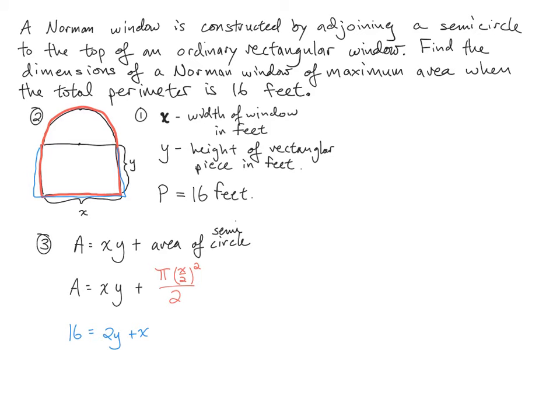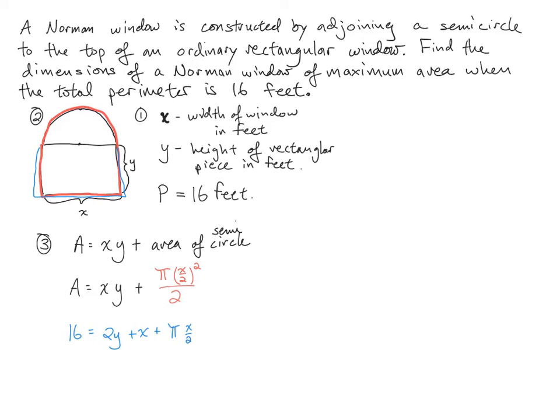In this case, r would be x over 2 still. But since we don't want the entire circumference, instead of it being 2 pi r, half of that would be pi r. And then again, we would have x over 2 as our radius. So pi times the radius, in this case, would be x over 2.